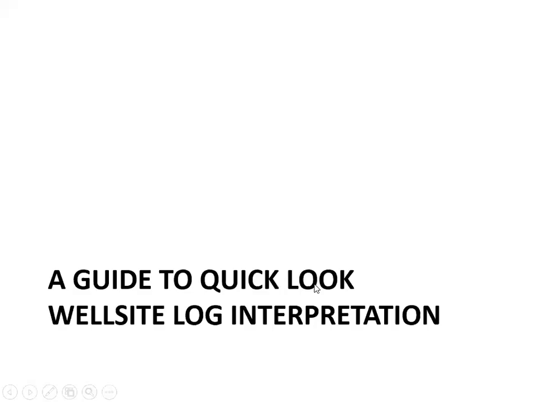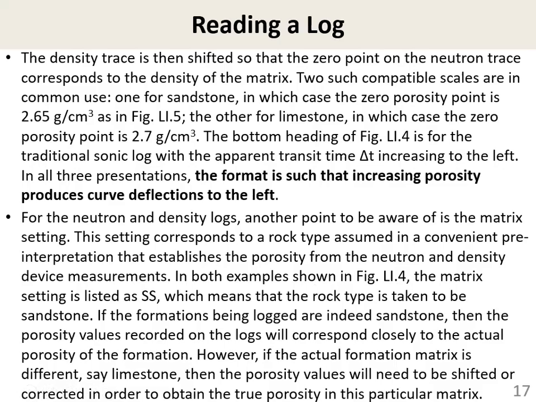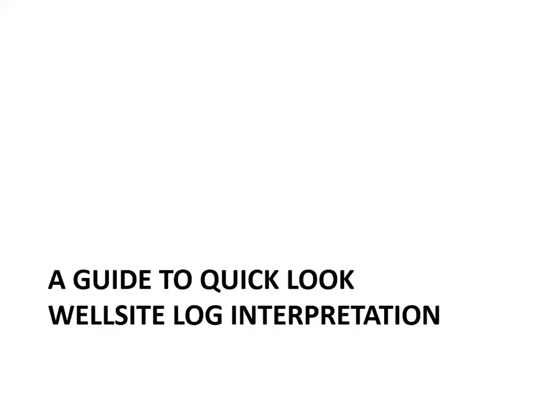The examples in L4, that's in this track, the matrix setting is listed as sandstone, and that means in that case, the rock type is sandstone. However, you should be careful, and if it's set to limestone, there will need to be some correction to take it to sandstone. So that's basically for our information.